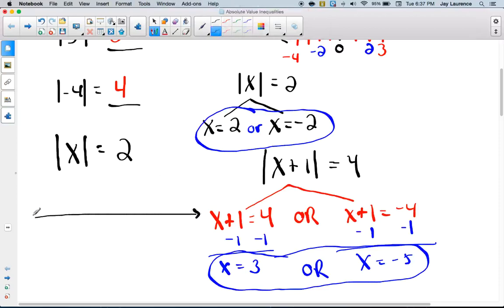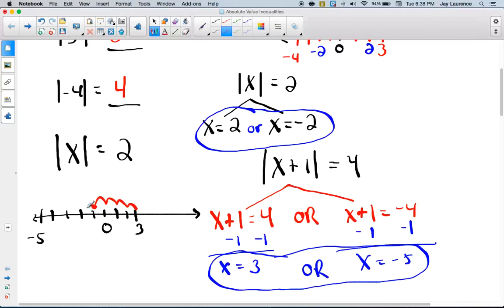okay, and I look at 3 right here, and -5 would be about here, right? So -4, -3, -2, -1, 0, 1, 2. Let me go 4 spaces to the left. 1, 2, 3, 4.